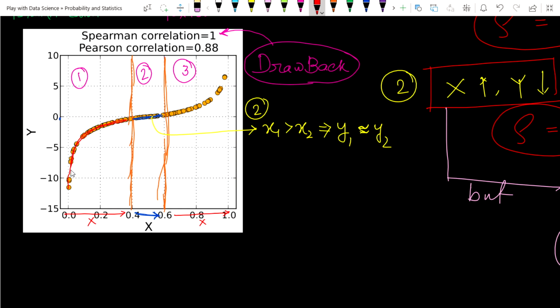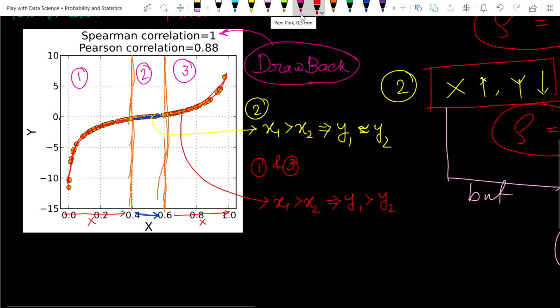This means that in the first and third regions, if x1 is greater than x2, then y1 is also greater than y2.